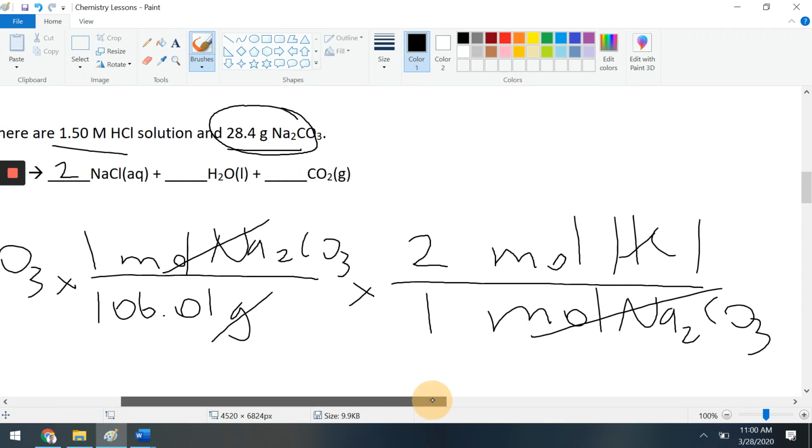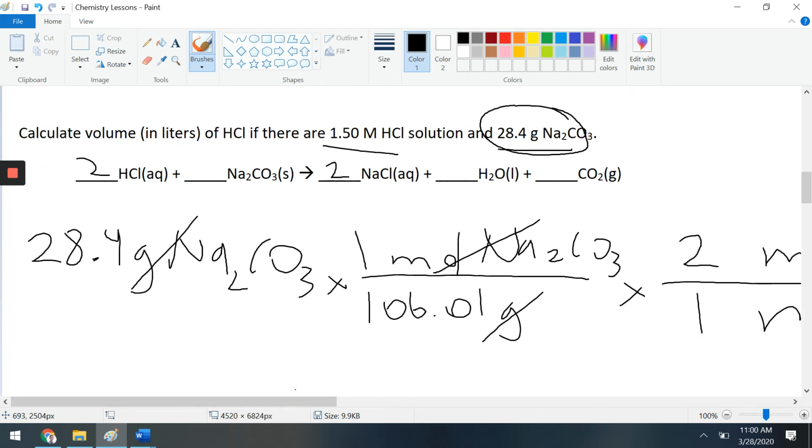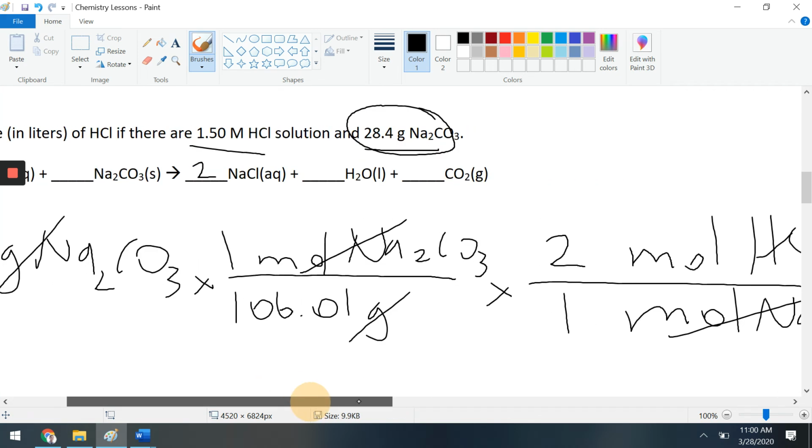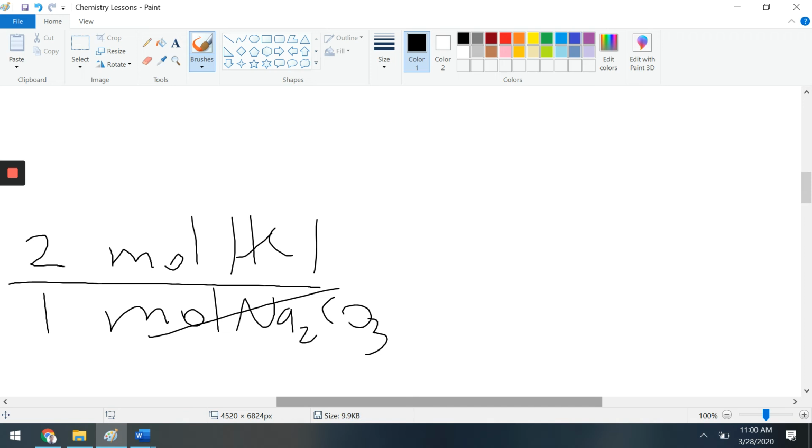Almost done. Okay, how do you figure out the volume if I'm at this point I have the moles of HCl? So this is where I'm going to use the concentration for HCl. Notice the concentration given is 1.50 molar. Okay, so I'm going to set this up. Instead of multiplying by the concentration, I'm going to divide by the concentration this time.